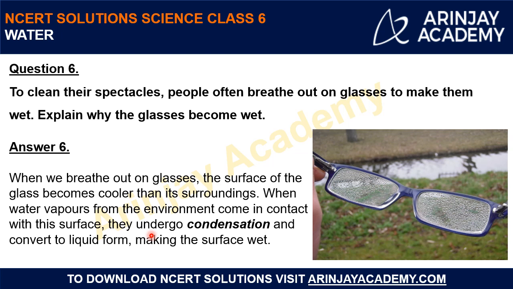That means the water vapor present in the atmosphere converts into water. So it undergoes condensation and converts to the liquid form. So here the water vapor converted into liquid water, and it appeared on the surfaces of the spectacles as tiny droplets, making the surface wet. So we are done with question 6. Let's move to the next one.